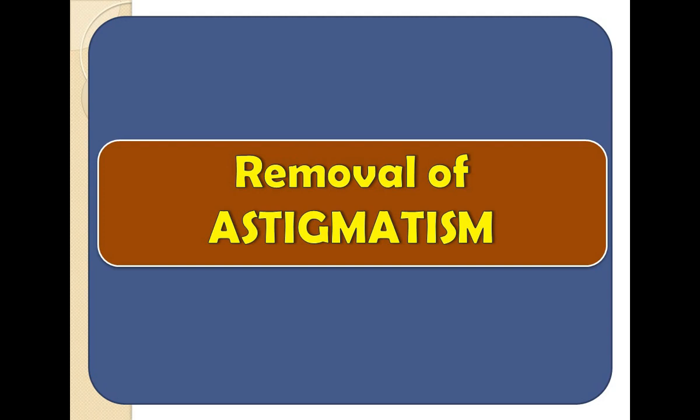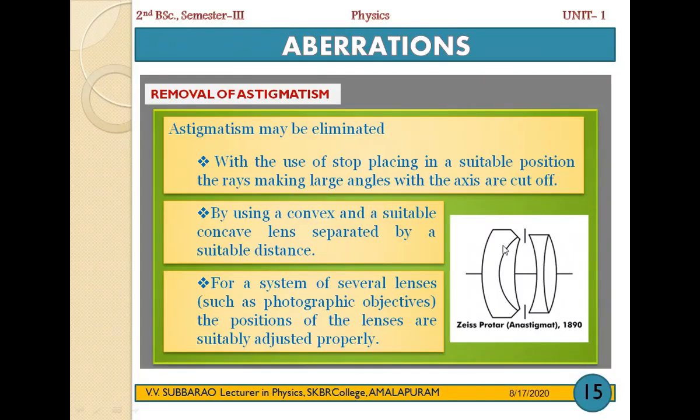Removal of astigmatism: by using stops and by cutting off the light rays making larger angles to incident on the lens, astigmatism can be minimized. And in the second method, by using a convex and a suitable concave lens separated suitably, the combination eliminates astigmatism.